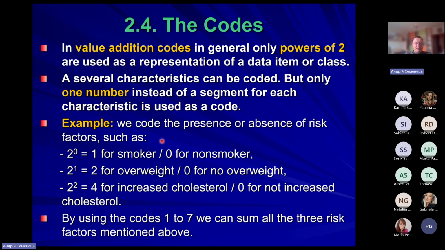Okay, presence or absence of some risk factors. Let's say power of 0 will be smoker or no smoker. Power of 1 will be overweight or not overweight. And power of 4 can be increased cholesterol, etc. So with codes 1 to 7, we can summarize our 3 risks.